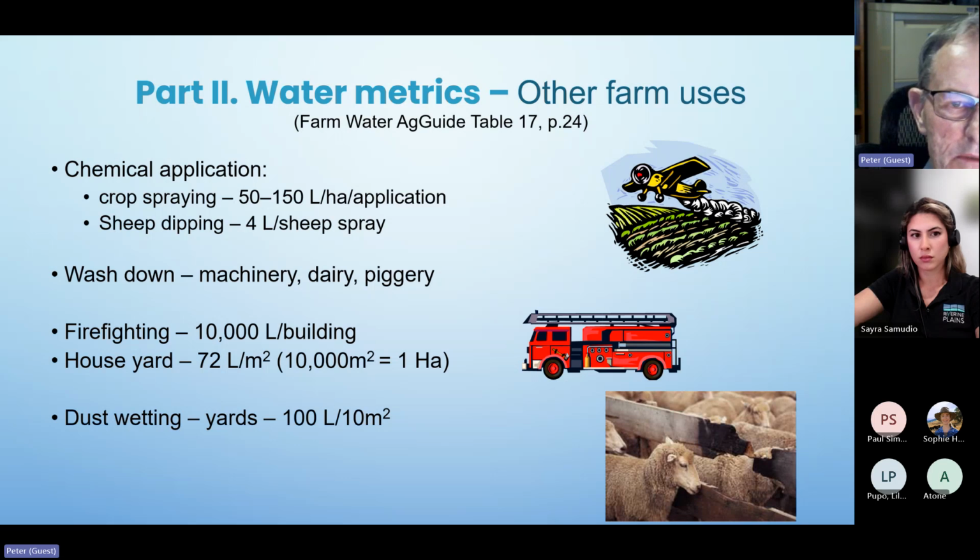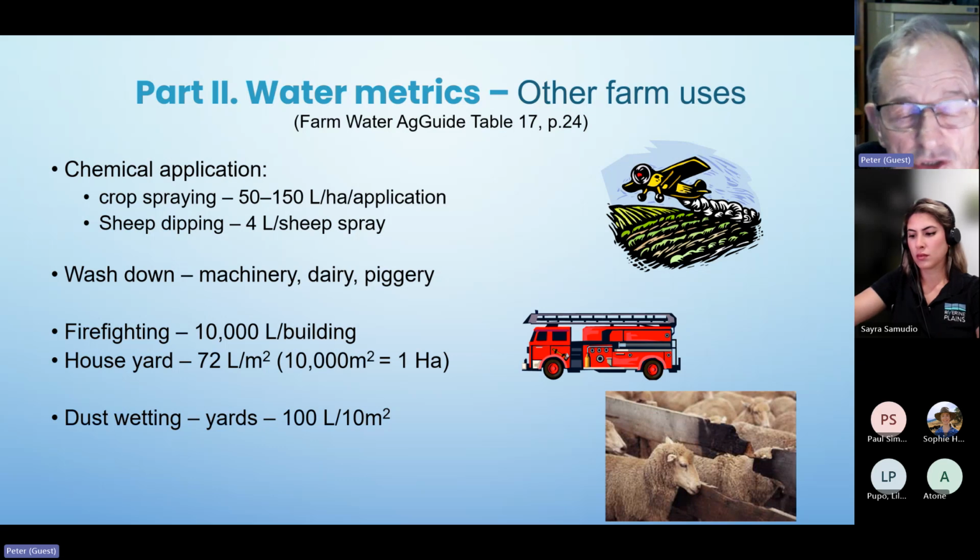So you do need to allow for that. And if you were sheep dipping, a rough figure would be 4 litres per sheep per spray. So that all adds up. There's wash down if you have a dairy or piggery or something, or you've got to clean machinery, and I'm just not sure how to estimate that because it very much depends on what you're doing.